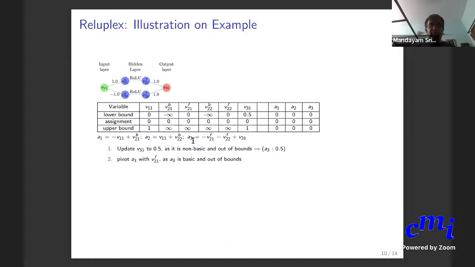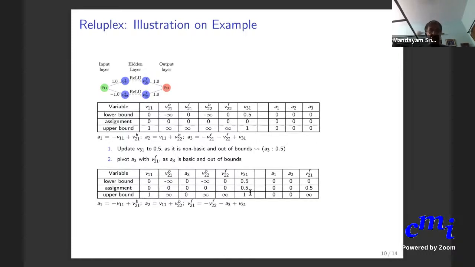So you pivot that with one of the variables that can fix it, which in this case is V21 of f. You pivot with that to get this one.